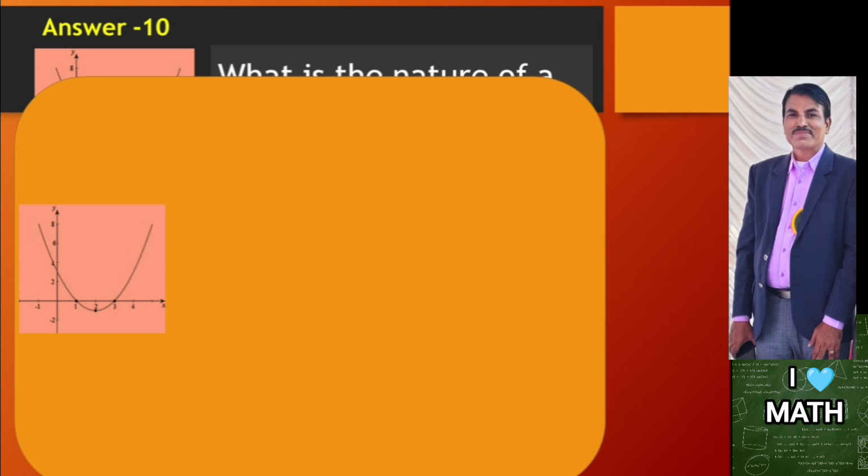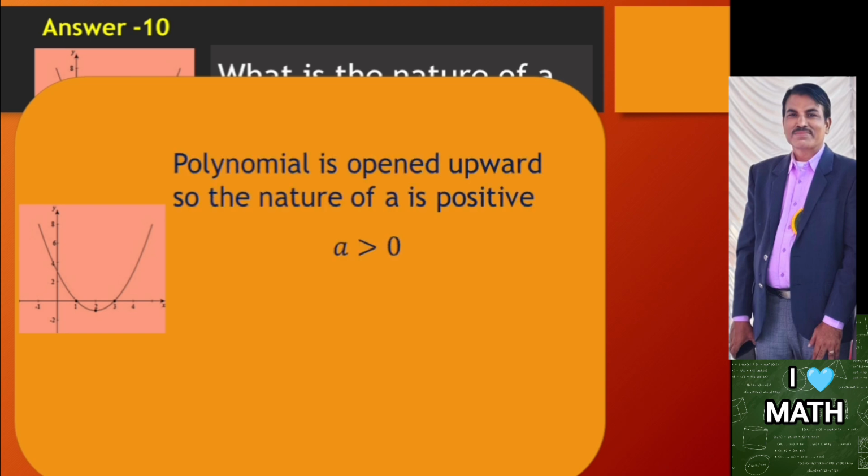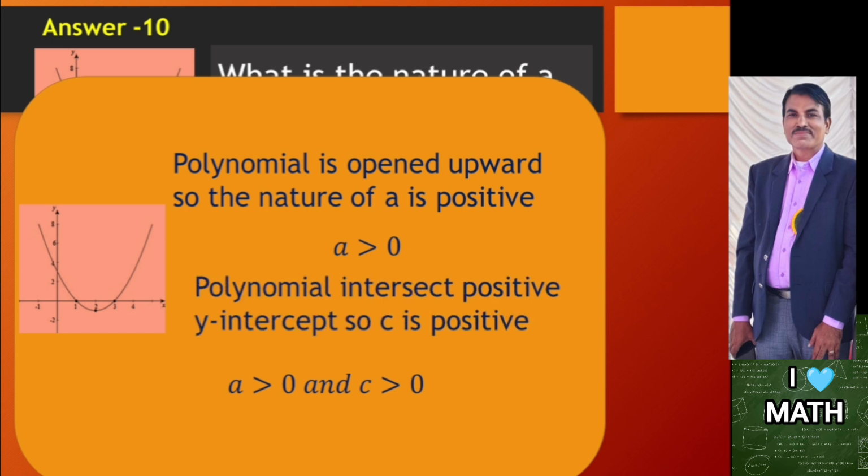Similarly, the parabola cuts the y-axis at 4, that is the positive y-axis. Therefore, C is also positive, C greater than 0. So we found that A greater than 0 and C greater than 0. So the correct answer is bit number B.